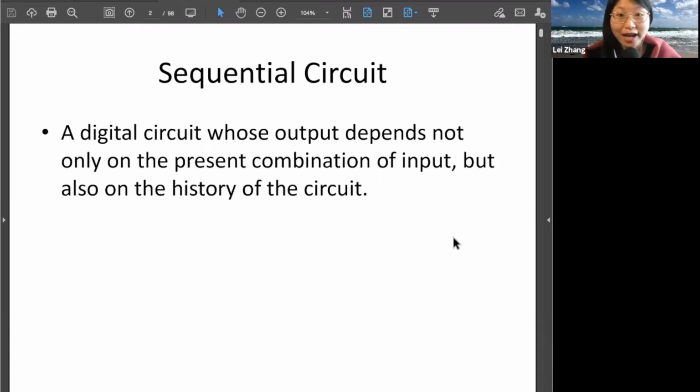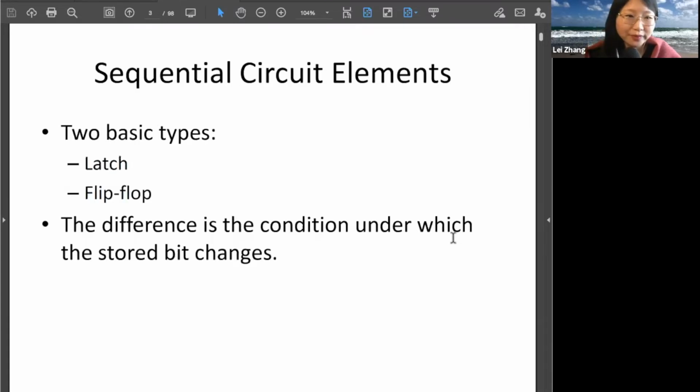So what are the memory elements? The memory elements to remember the history of the circuit are of two types. One is a latch, the other is a flip-flop. The difference is the condition under which the stored bit changes.